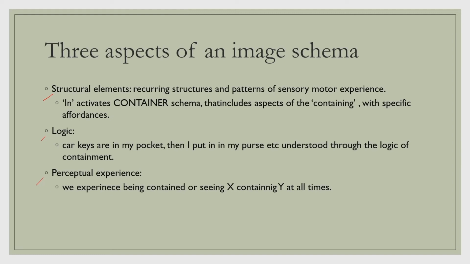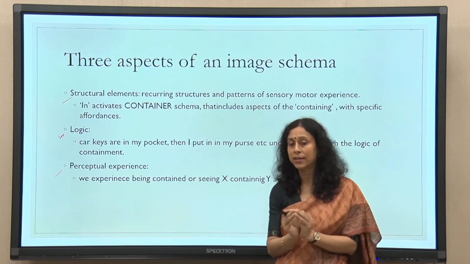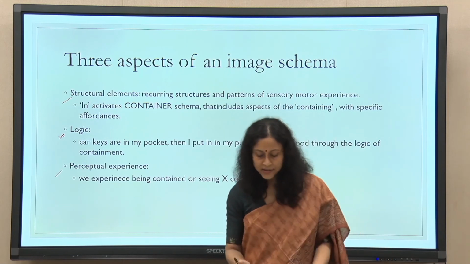Lived experiences are at the basis of creating image schema, that is why perceptual experience needs to be talked about. And then logic: what is logic here? Logic is how we actually connect different experiences through one schema and put them in one category, that is the logic. And then the structural elements.